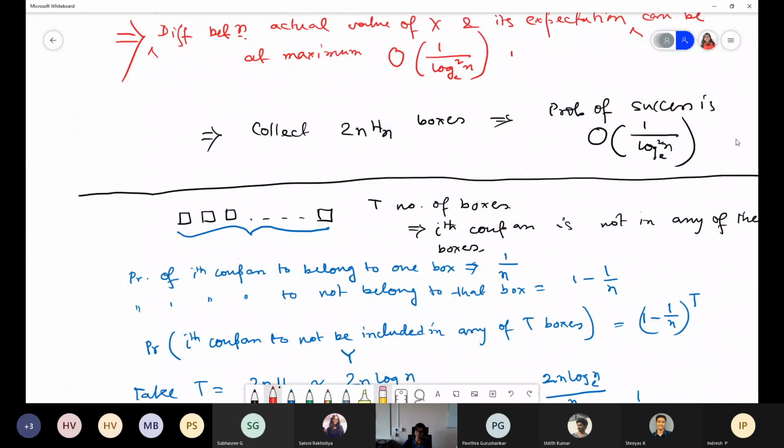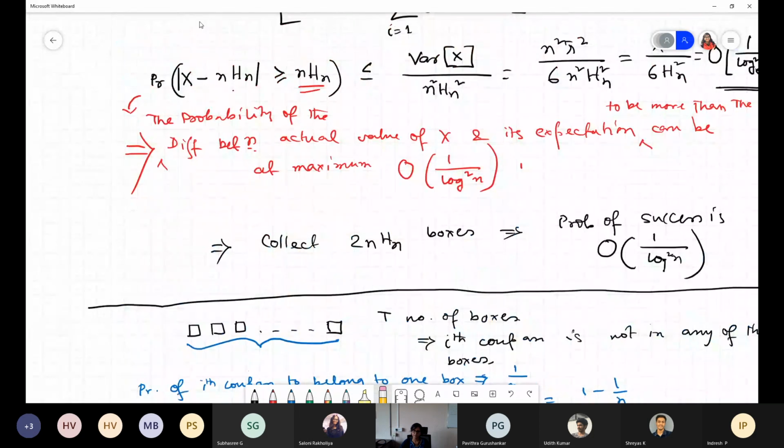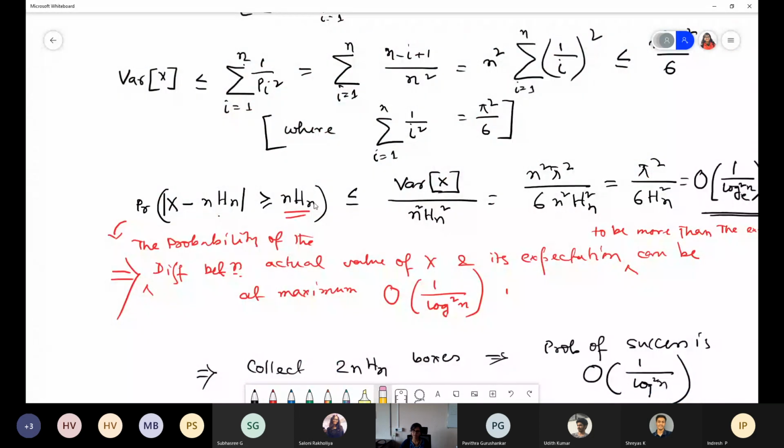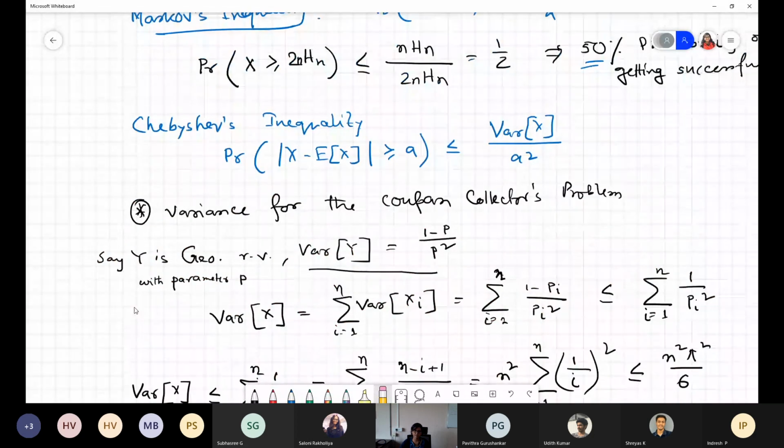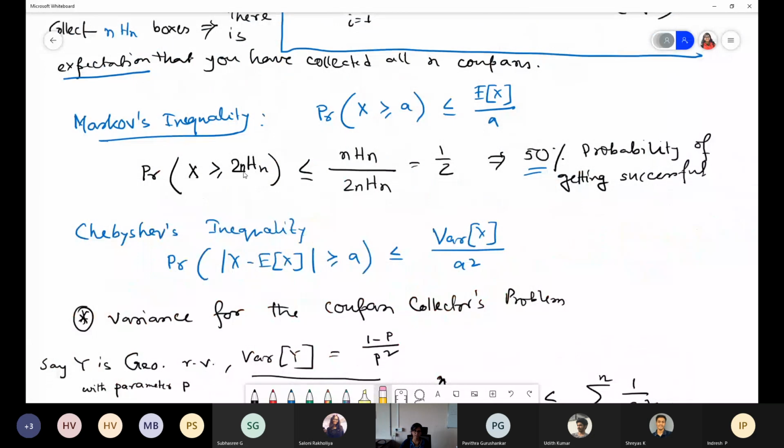That probability is of order 1 by log n whole square, any base. Before that also, we used Markov's inequality.